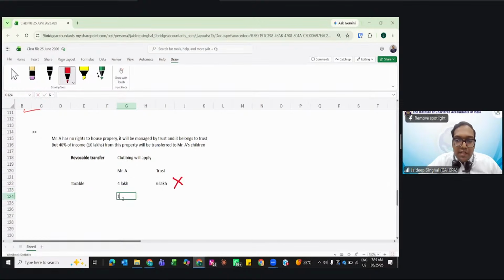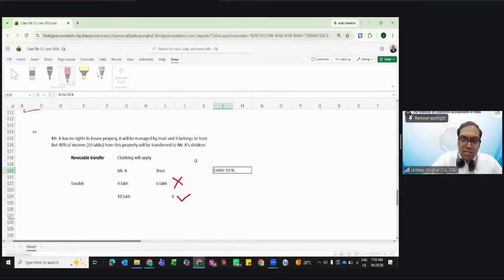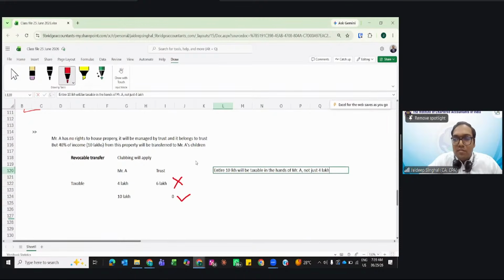So here the entire 10 lakhs will be taxable in the hands of Mr. A, and for the trust it will be 0. So this is how the provisions apply for revocable and irrevocable transfers. The entire 10 lakh will be taxable in the hands of Mr. A, not just 4 lakhs. Clear?